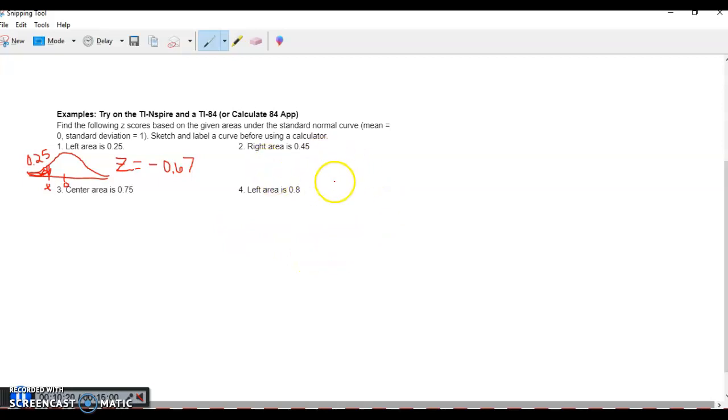All right, let me do a right area and show you how that works. So same standard normal. Oops, crazy looking x-axis, but here's my standard normal. But now I want the right area to be 0.45. So I look at the right side of the curve. Well, we know that half the curve is 0.5. So 0.45 on the right half is probably right about here.